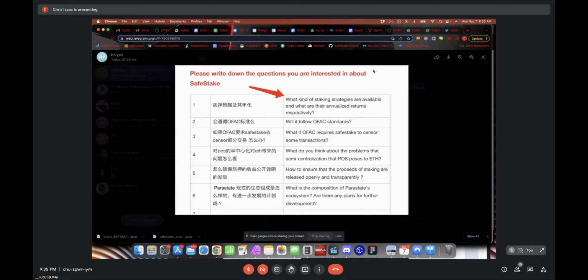So the thing with SafeStake, and why I say no, is that we're not committed to any one MEV relay. We use lots of different MEV relays when the validators go out looking for MEV.